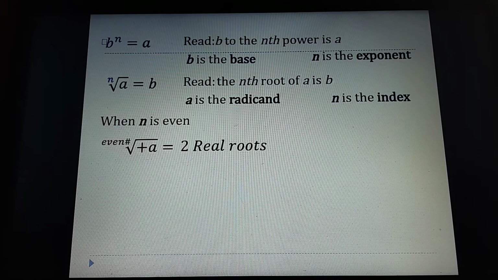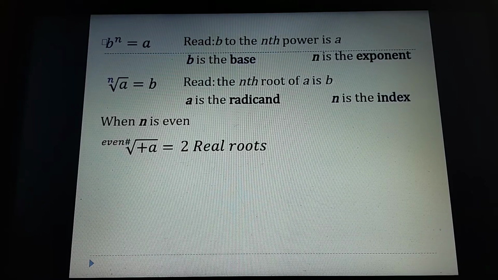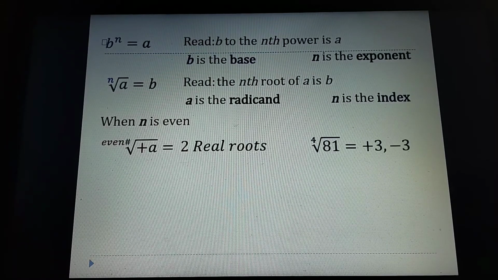It's kind of like when we take the square root of 4. You know that the square root of 4, when we're solving equations, is positive 2 and negative 2. It has two real roots.